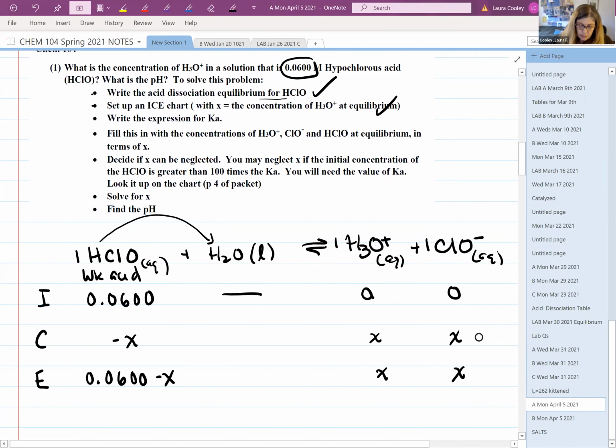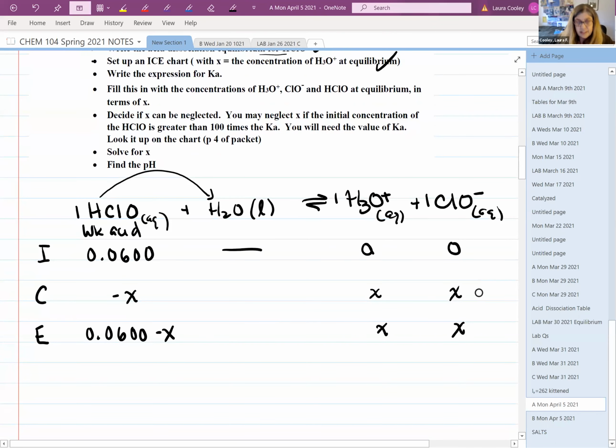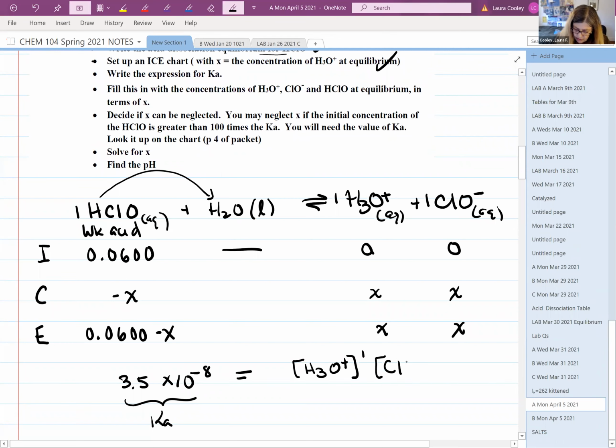Now we're going to write the expression for Ka in terms of X. So Ka, which is, we found the number, but I lost it, 3.5 times 10 to the negative 8th, that's Ka, equals. Okay, so now we take our products to their stoichiometric coefficients, which we don't have to bother with because they're both 1s, divided by the concentration of HClO.